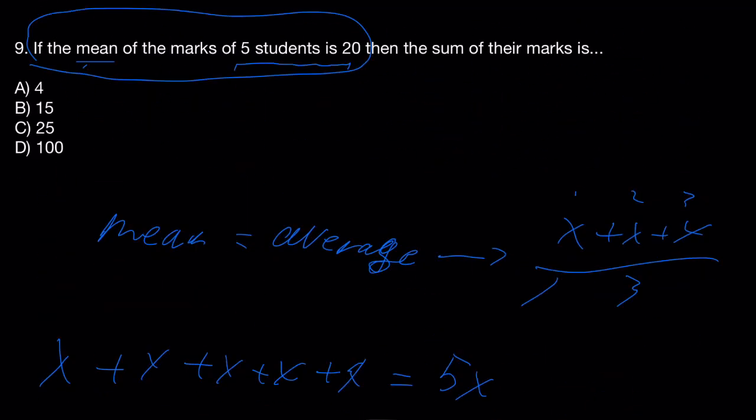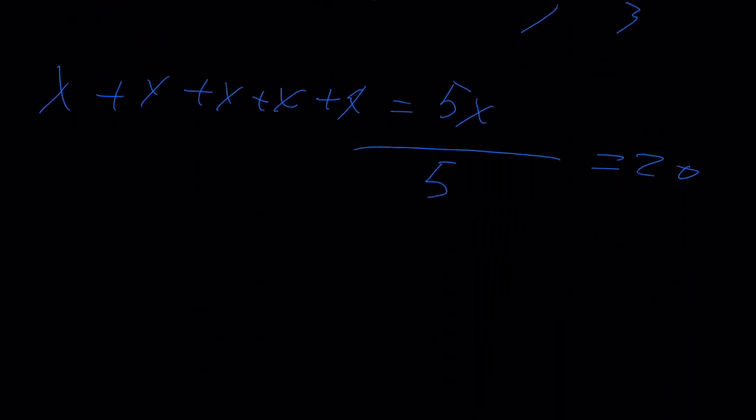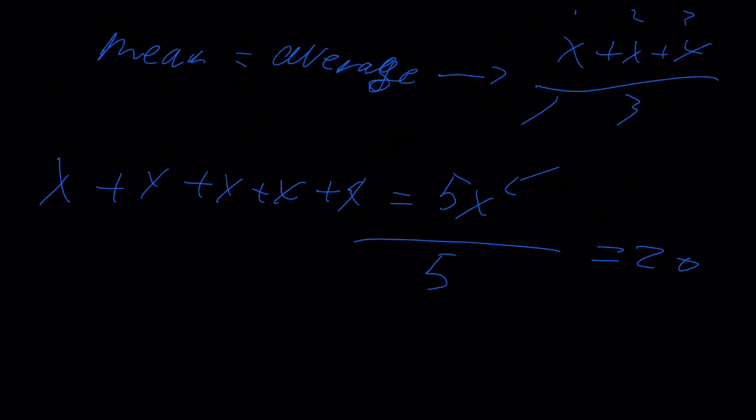So they're not asking for that, they're asking for the sum of their marks. Sum of their marks, that's just 5x. So they're looking for 5x. So the way to find 5x, multiply 5 by 20 over here. So you're going to get 5x is equal to 5 by 20, which is 100. And that's your answer right here.